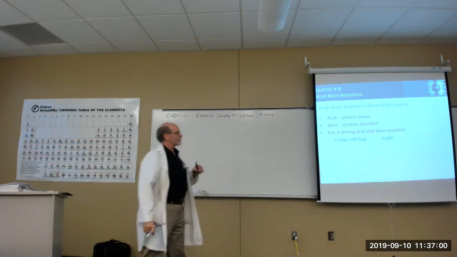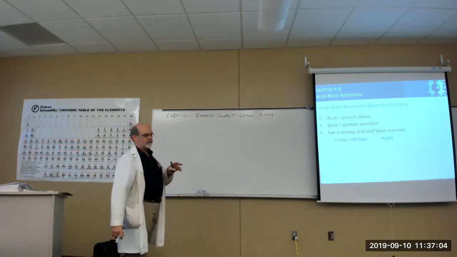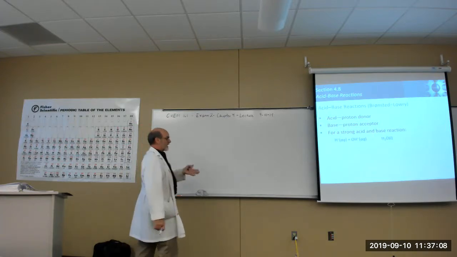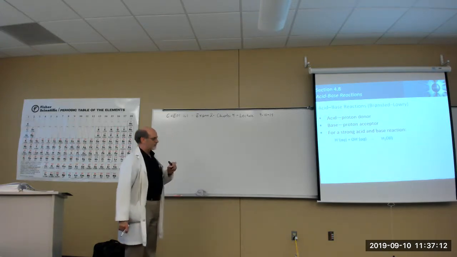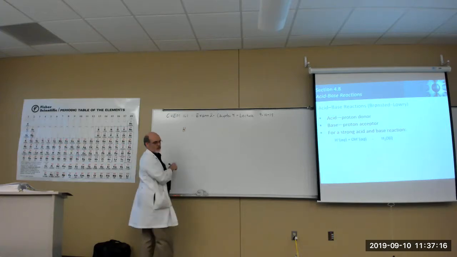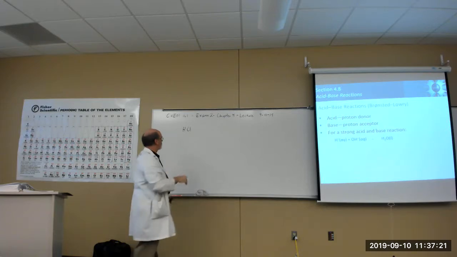So we're going to discuss acid-base reactions in terms of a Bronsted-Lowry acid, and base, for that matter. In those terms, an acid is a proton donor. And we described acids before as anything that started with a hydrogen, right? So that would be hydrofluoric acid.